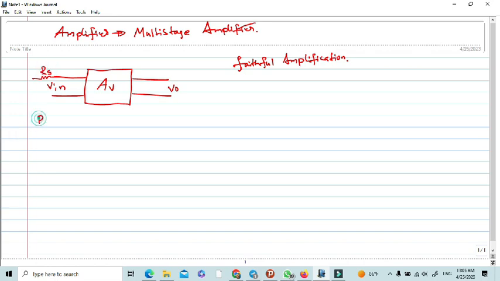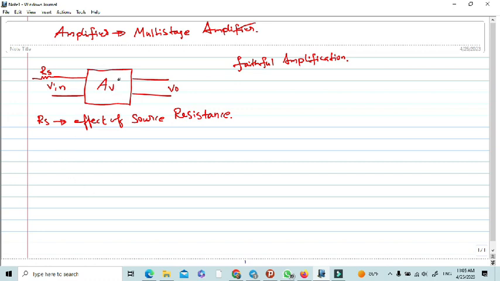So due to the RS the circuit is going to change and be modified, like the effect of source resistance, that we will discuss in the next videos in future. So before going to discuss about the effect of source resistance, we will learn about the multi-stage amplifier.